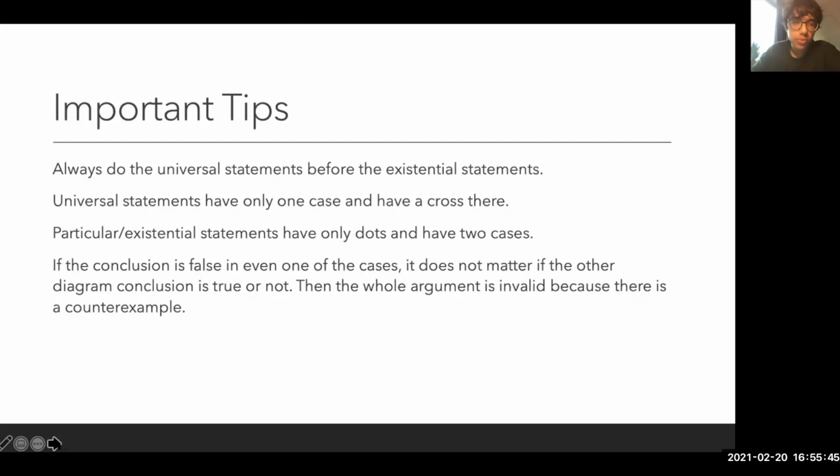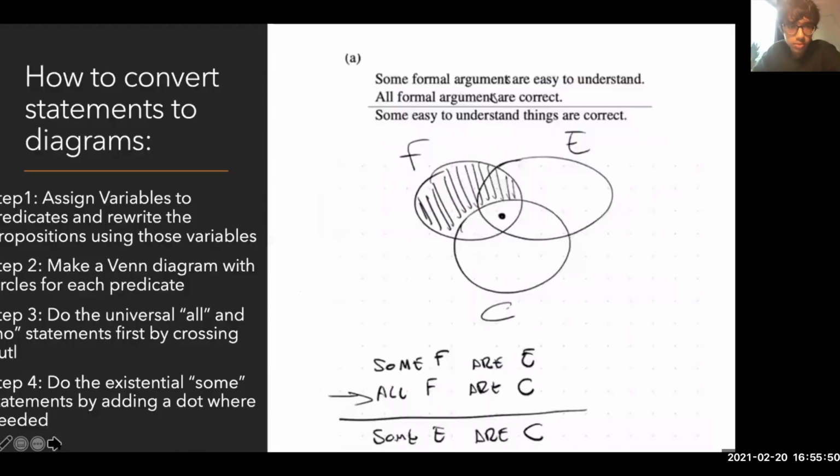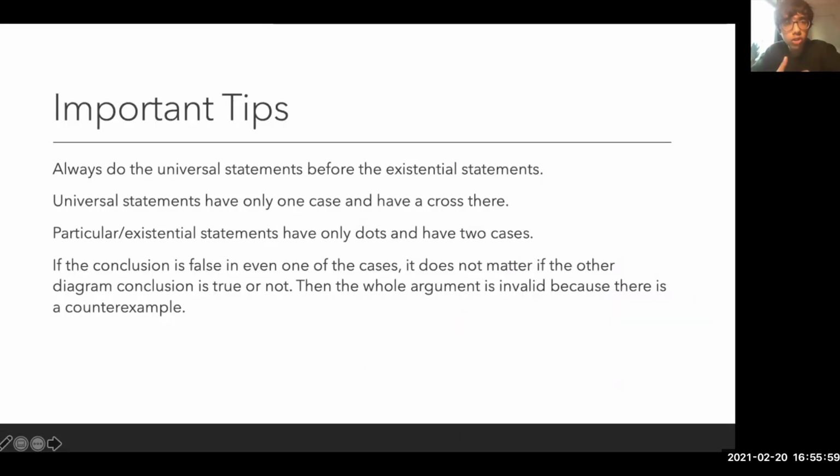To solve the propositions, what you need to essentially do is find whether a syllogism is valid or not.